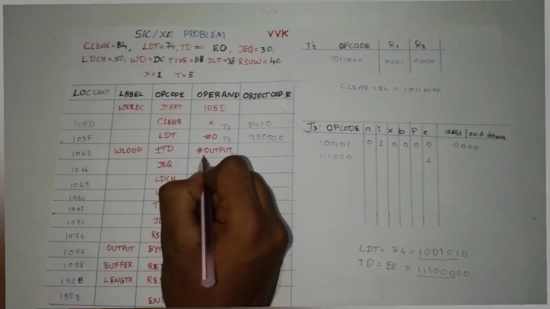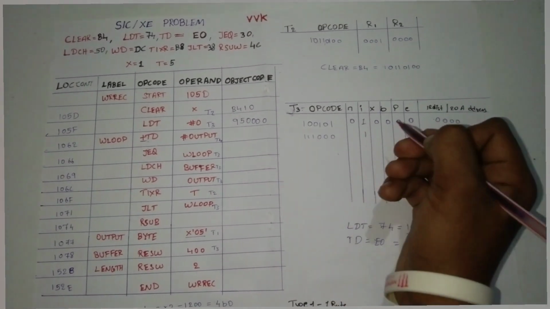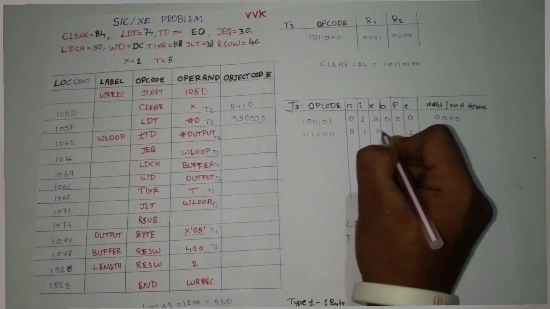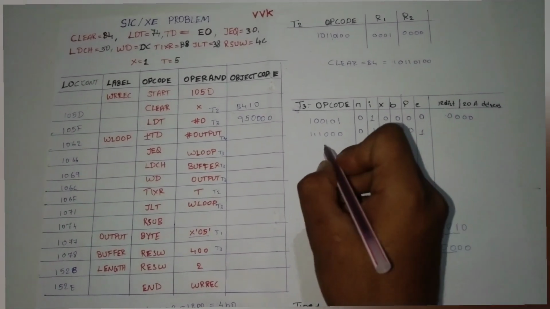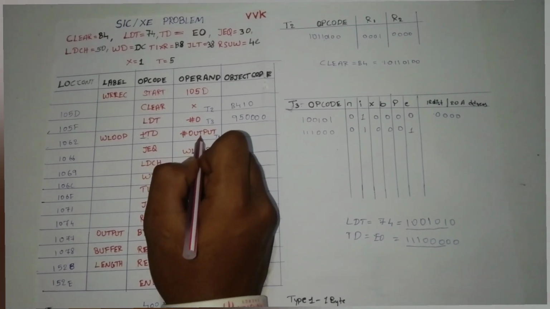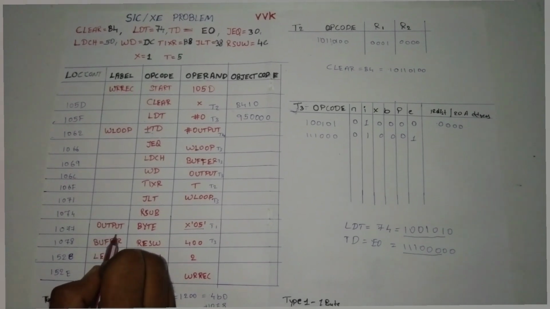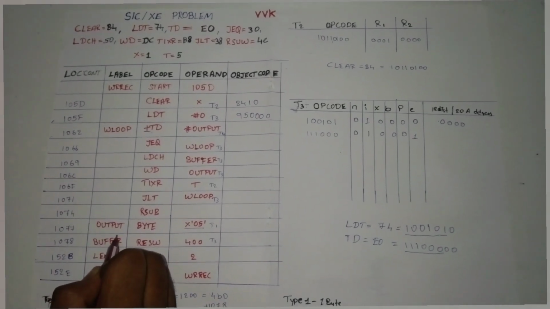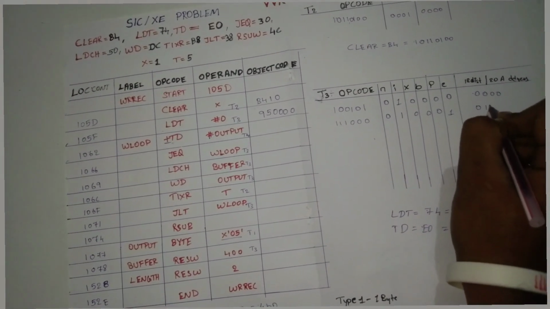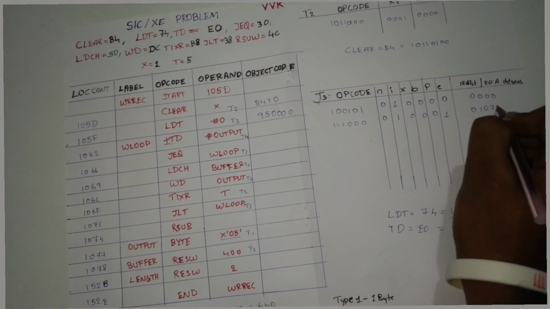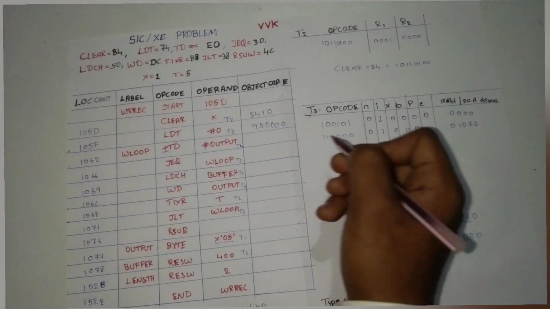Again it is an immediate addressing mode, so the i value will be 1, and the rest will be 0. Here the address is of type 4, and it has a 20-bit address. Here we can see the output address 1077.